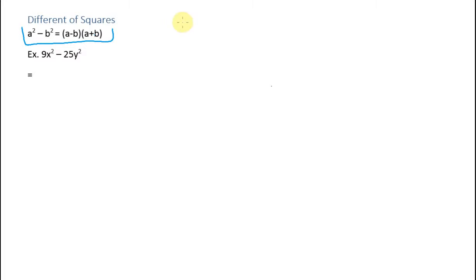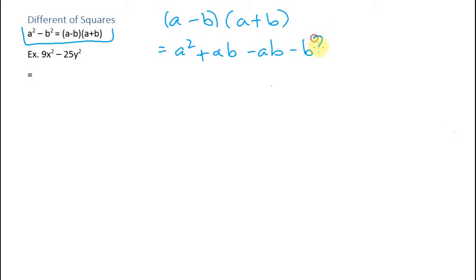We know this is true because if we expand a minus b times a plus b with FOIL, we get a squared, plus ab on the outside, minus ab on the inside, and last, minus b squared. The middle terms cancel, and we're left with a squared minus b squared. So we see that it's true.